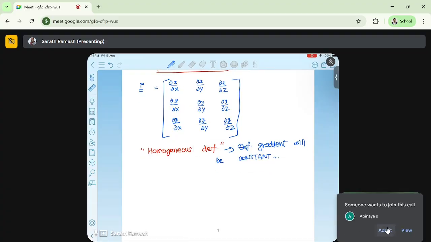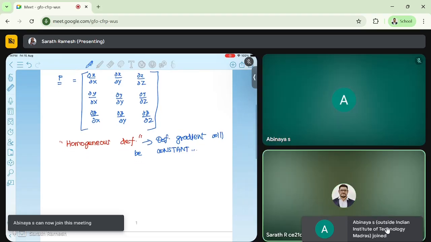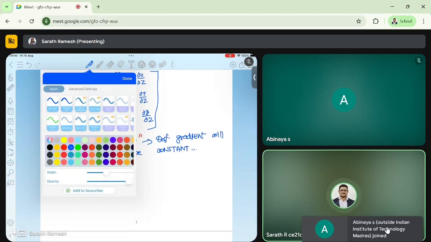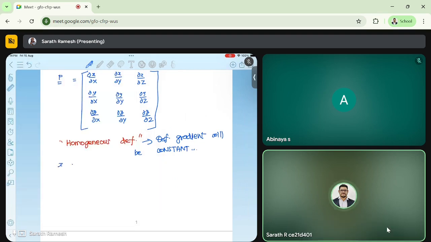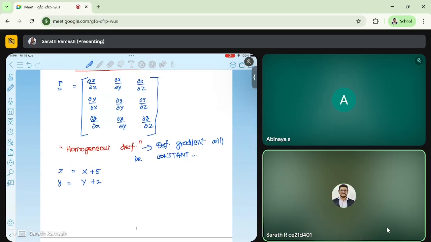Suppose I have the deformation field given by small x equal to capital X plus 5 and small y equal to capital Y plus 2. In this case, what is the F matrix or deformation gradient? F equals dou x by dou capital X, dou x by dou capital Y, dou y by dou capital X and dou y by dou capital Y. This is only two dimensional, so I am not including the third dimension.